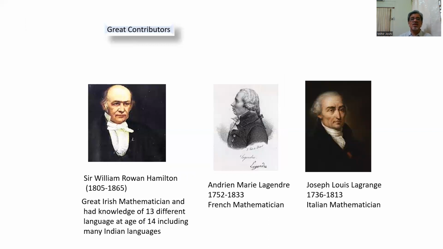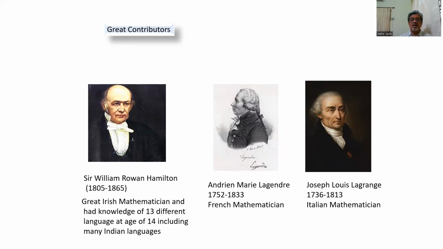Now we come to the contributions of the great contributors. Sir William Rowan Hamilton, born in 1805, passed away in 1865. He was a great Irish mathematician and had knowledge of 13 different languages at the age of 14, including many Indian languages. He was a born genius.